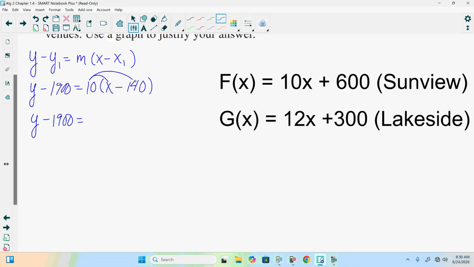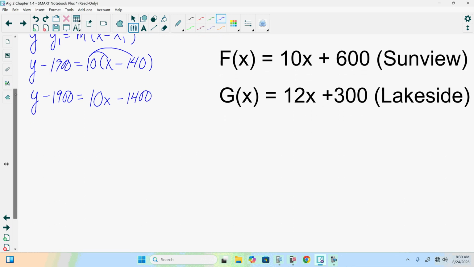Y minus 1,900 is fine, no double negatives, nothing we need to fix there. Same with our X minus 140. So really the first thing we can do is distribute the 10. 10 times X is 10X. 10 times negative 140 would be negative 1,400. Now we just need to get Y by itself, yes? And how can we do that?